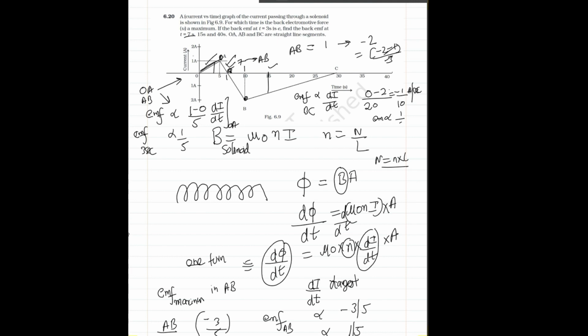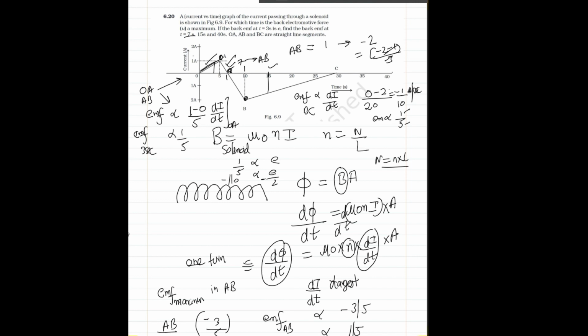So EMF is going to be proportional to 1 by 10, right? And we know the EMF during the first section is proportional to 1 by 5. So this time the EMF is going to be half of the EMF of AB. So it's basically nothing but ratio and proportion.